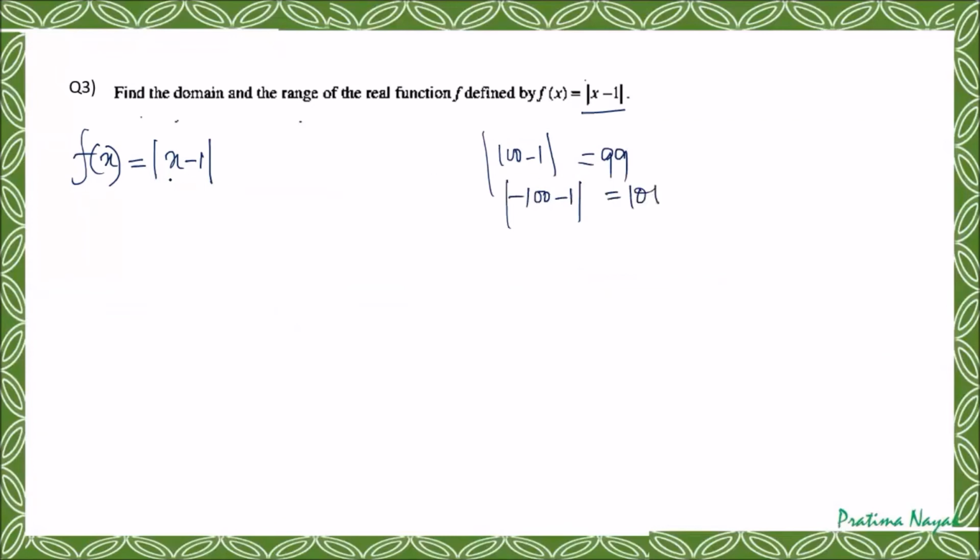So for any value of x, it can be defined. So the domain is equal to all real numbers. Now coming to range. The range will be how much? It will start from 0, 0 to infinity. Can it be negative? No, it cannot be negative. So it will be from 0 to infinity.